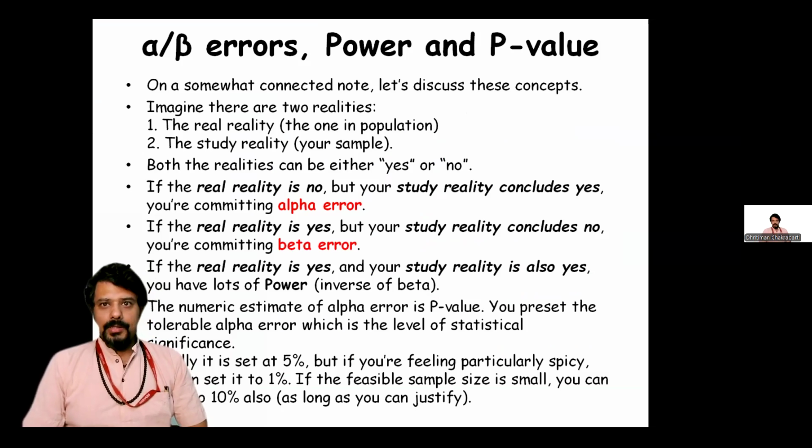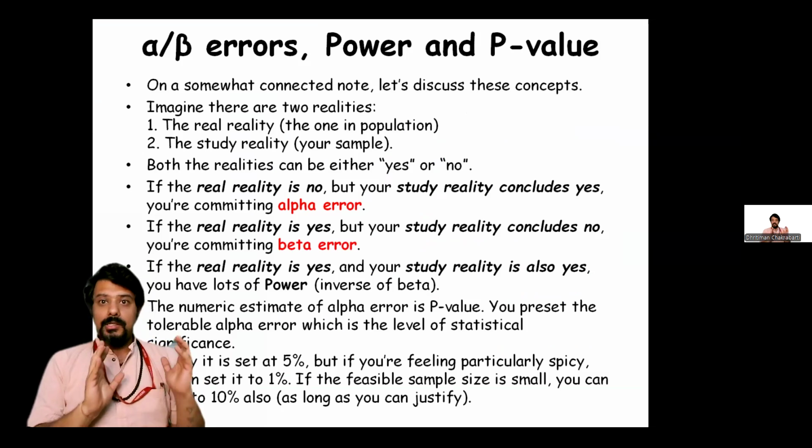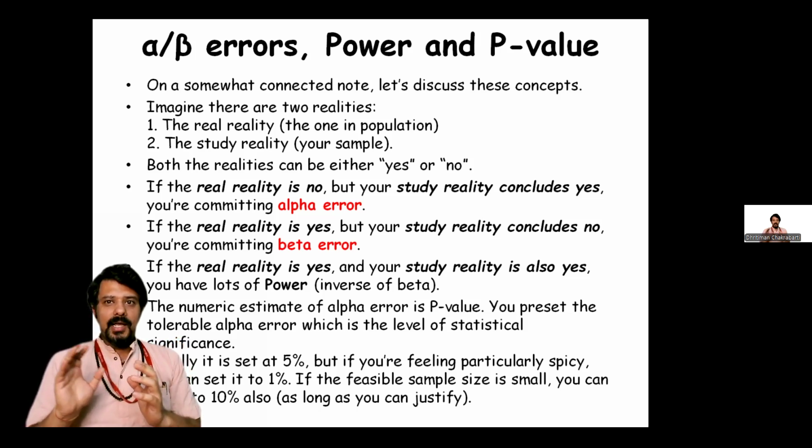Okay. So in this, I try to teach it in a way that imagine that you are living in two sets of realities. Okay, one is the true reality. True reality means the reality which is of the population itself. Basically you have some idea about the population, and in the population, whatever is the reality is the reality. Next, you have taken a sample, that is basically your reality.